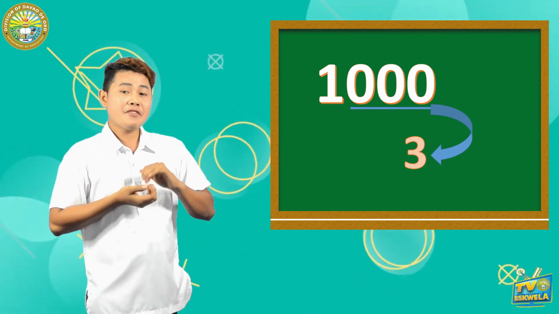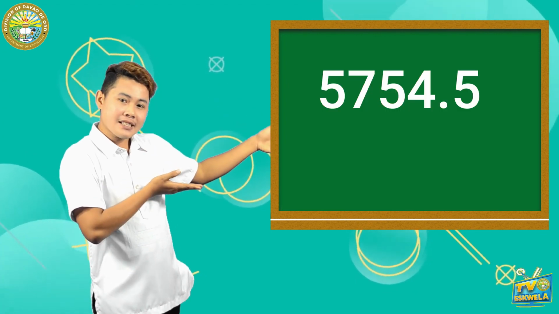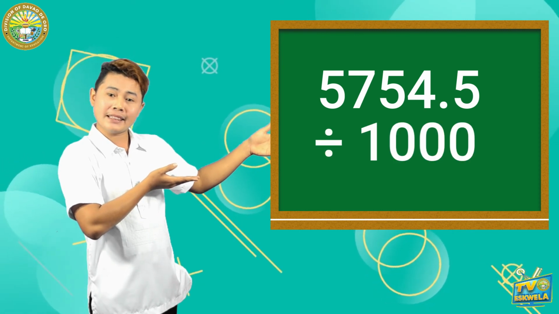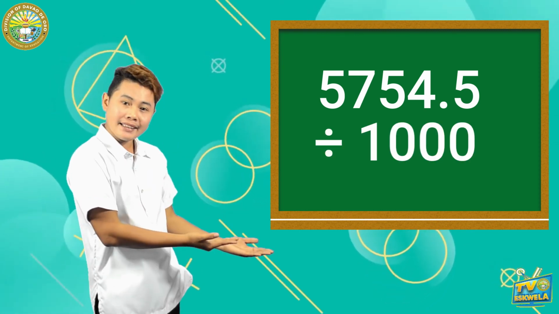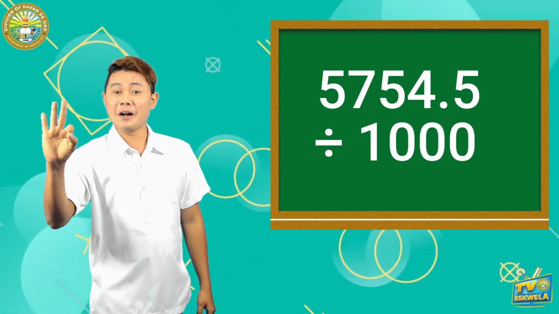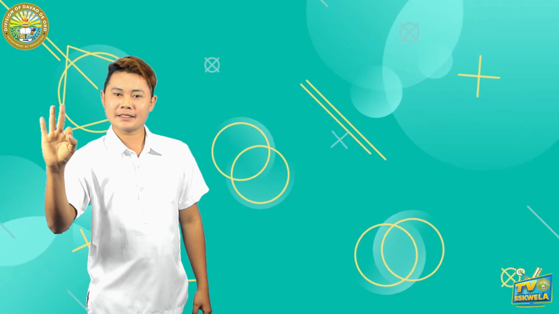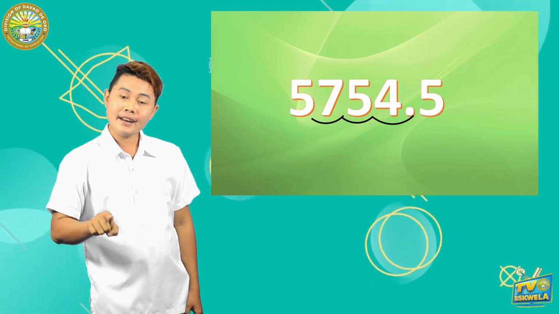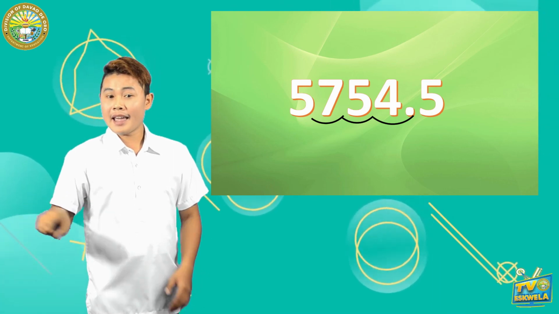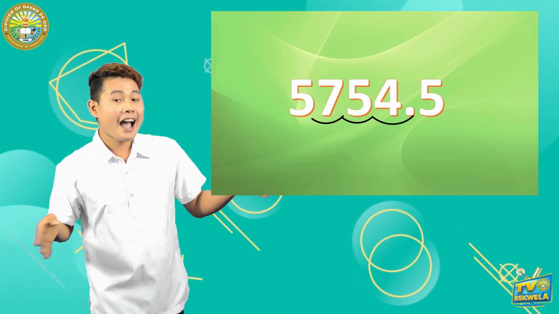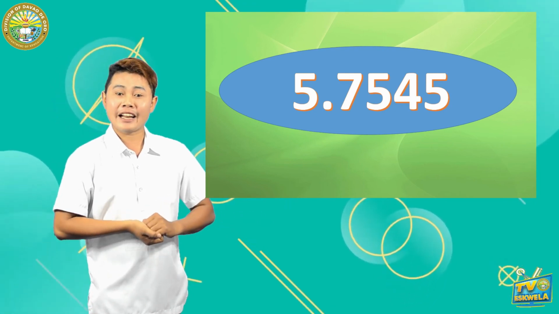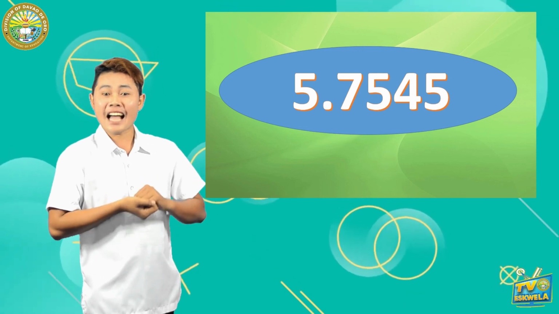Therefore, when we divide 5,754 and 5/10 by 1,000, we will move 3 places also. 1, 2, 3. And our answer is 5 and 7,545 10,000ths.